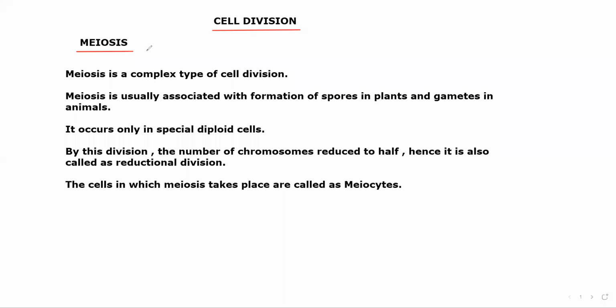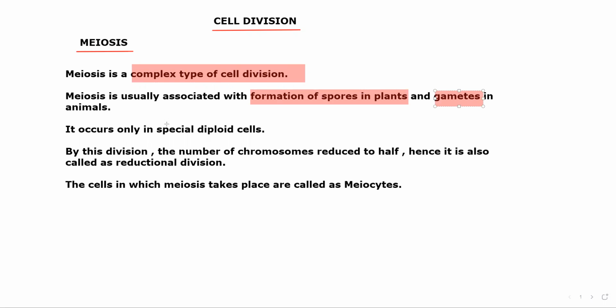Recording in progress. Now in cell division, after mitosis, let's continue with meiosis. Meiosis is a complex type of cell division usually associated with the formation of spores in plants and gametes in animals.